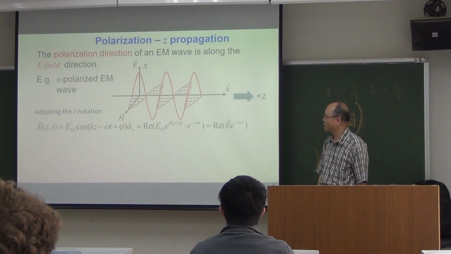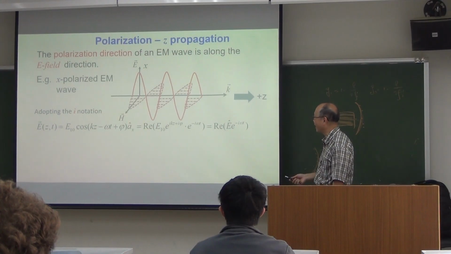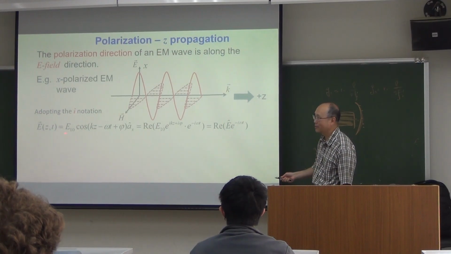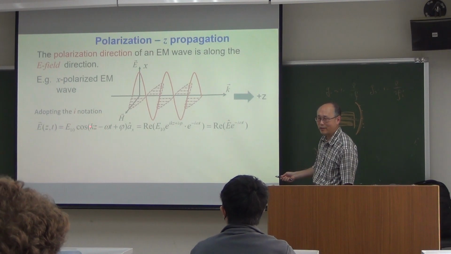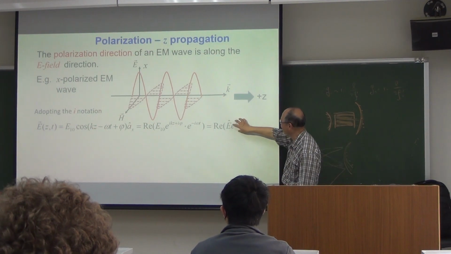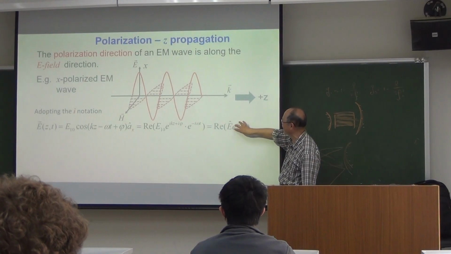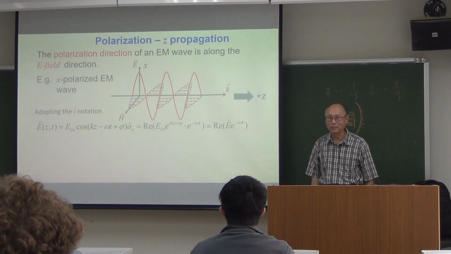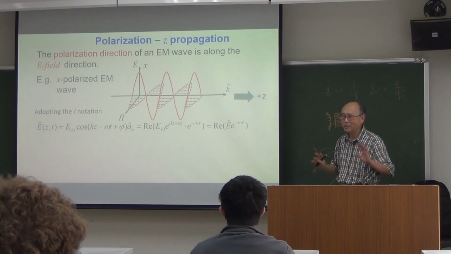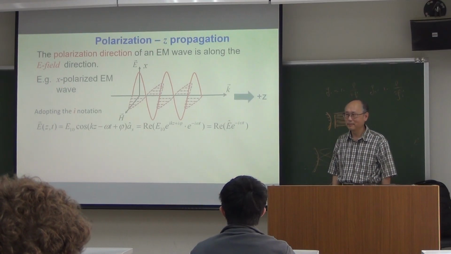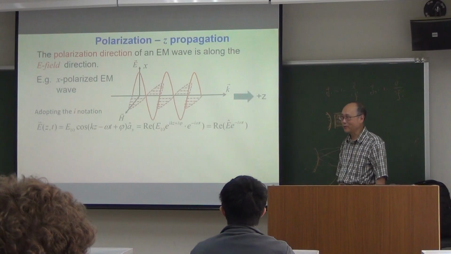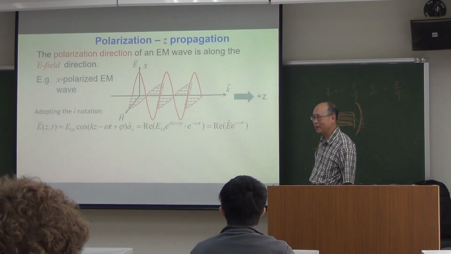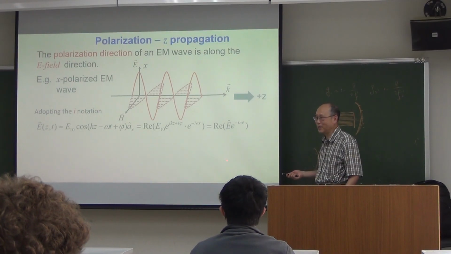So I told you that when I get a solution and want to construct a real signal, I need to multiply this solution with the exponential of minus i omega t to get the final result. The rest is just mathematical tools. Okay? So everybody agree, right? Sure, okay? This is just a mathematical tool.